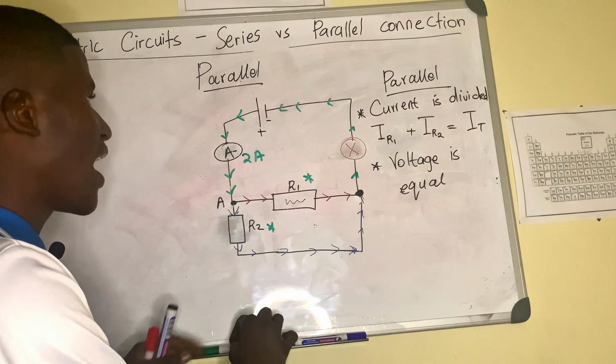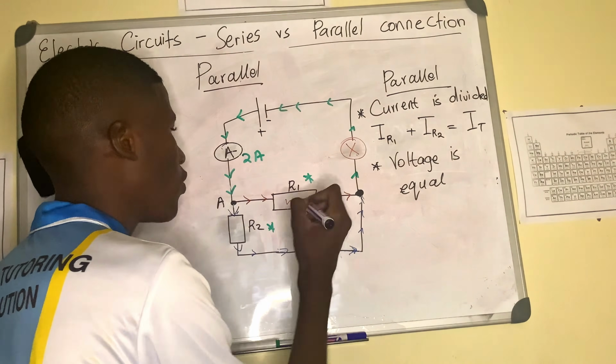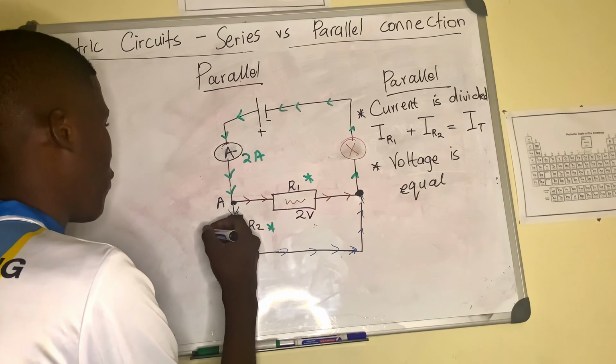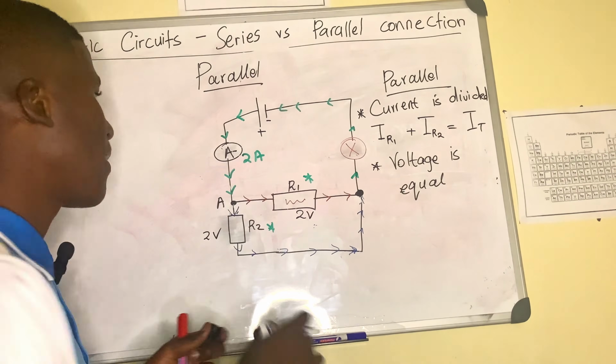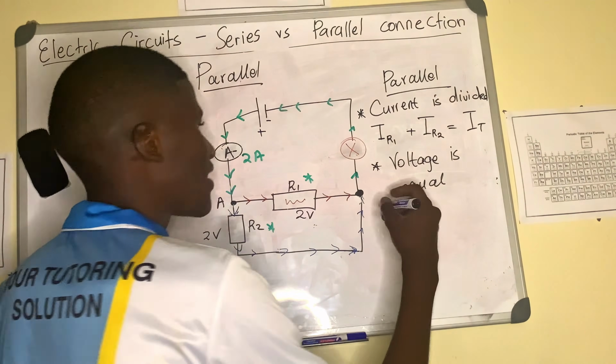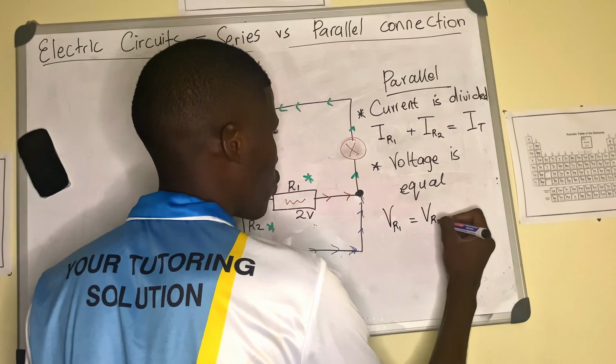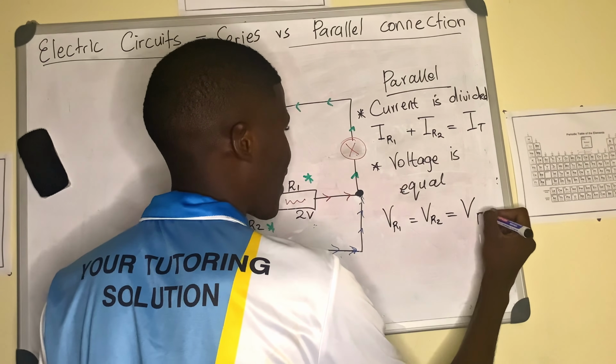For example, if we say that the voltage across R1 is 2 volts, then R2 will have a voltage of 2 volts as well, and the parallel voltage will also be 2 volts. So we're just going to say that the voltage in R1 is the same as the voltage in R2, which is the same as the parallel voltage.